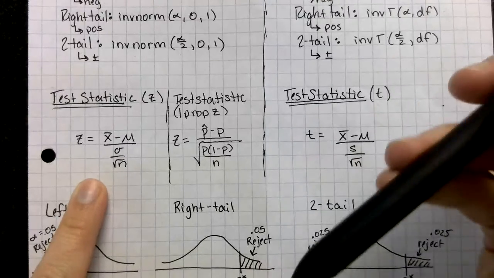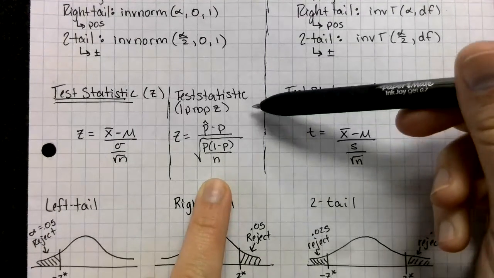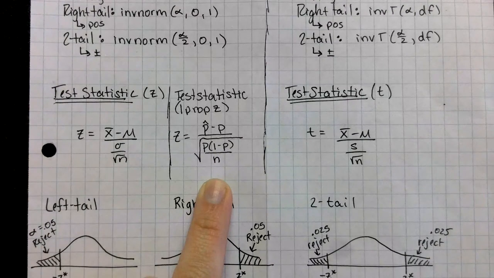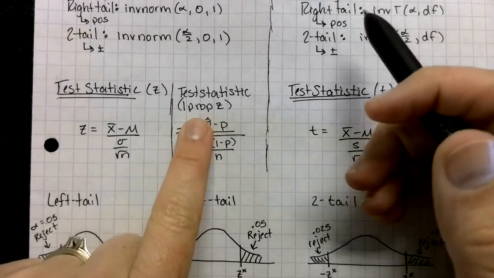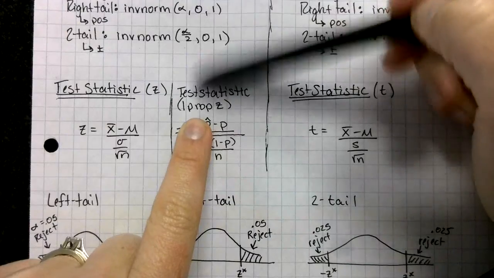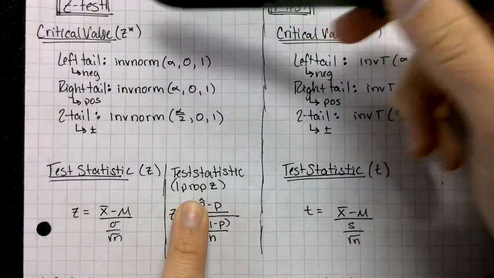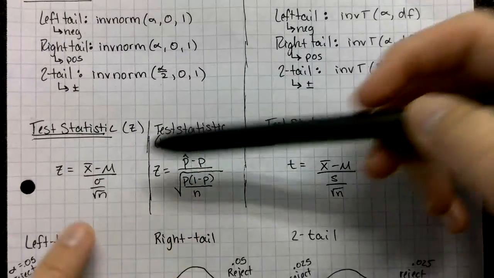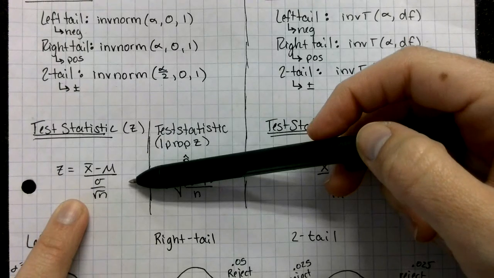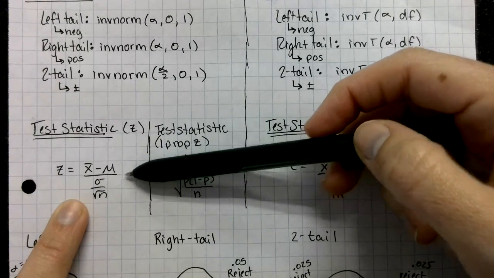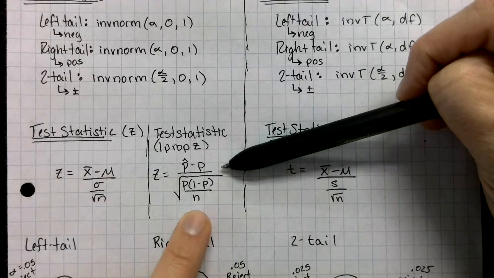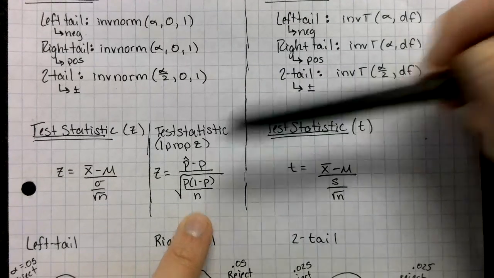Now, this is the new thing that I just added. When I first made this formula sheet, I forgot to put that on there. Remember I said one prop Z falls under this general umbrella of Z test. So here is your test statistic for a Z test for means. This is your test statistic for a Z test for proportions.